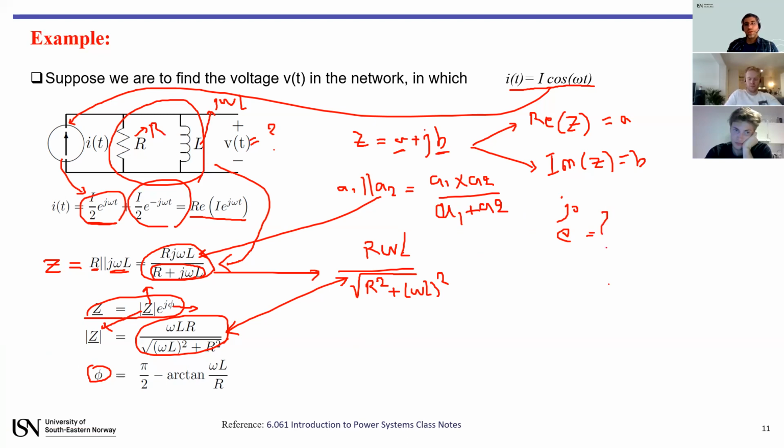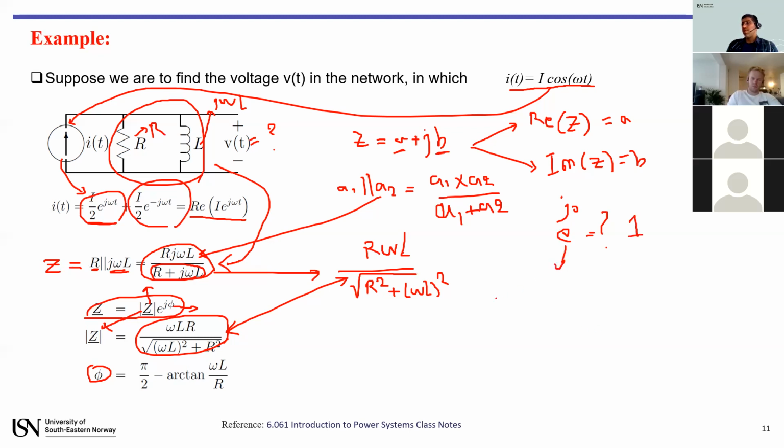What's the answer? Exponential J0, what's that equal to? One. Yes.